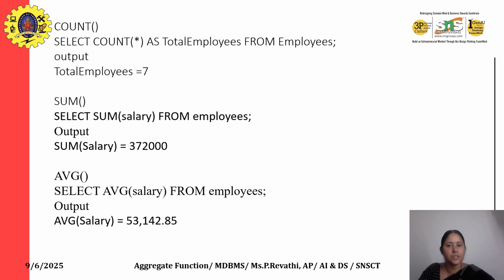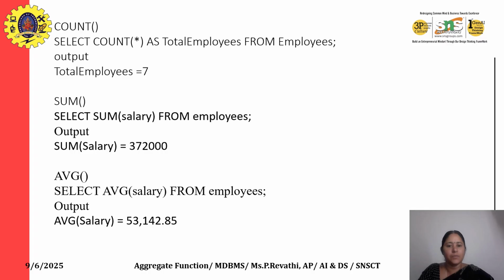The average function is an aggregate function that calculates the average value of a numeric column. SQL query: select average of salary from employee. This tells MySQL to take all the values from the salary column, add them together, and divide the total by the number of rows.